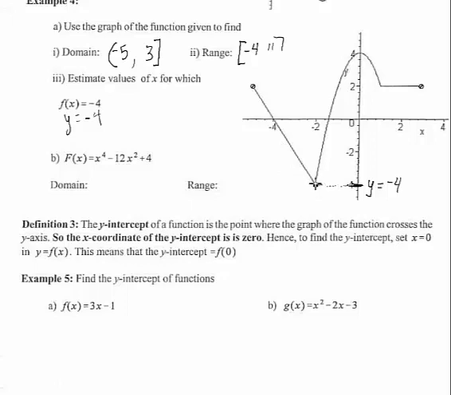And from that point, I want to head in the vertical direction until I reach my x-axis, and at that point I just simply read the coordinates that I hit. Okay, I'm going to say I hit x equals -2.